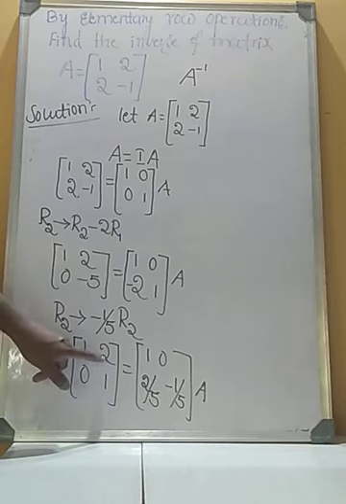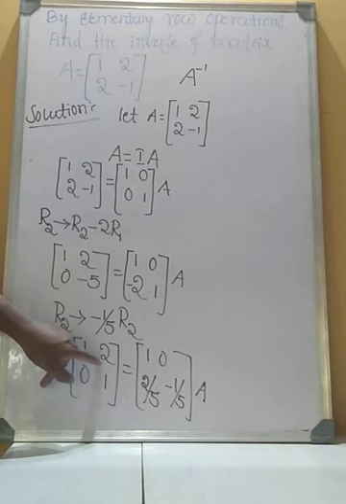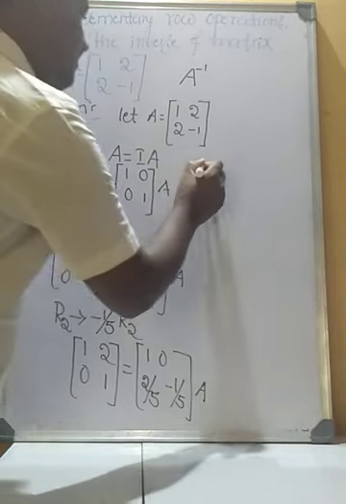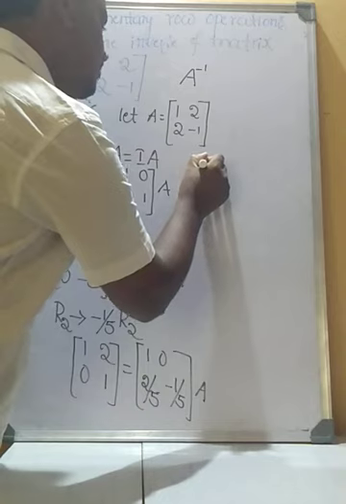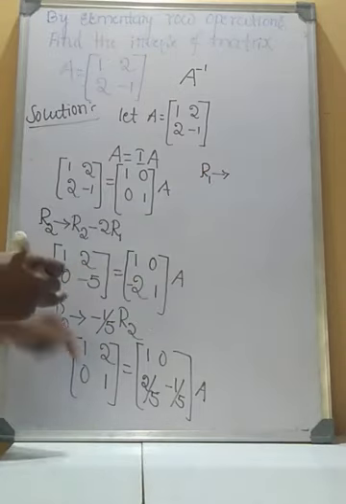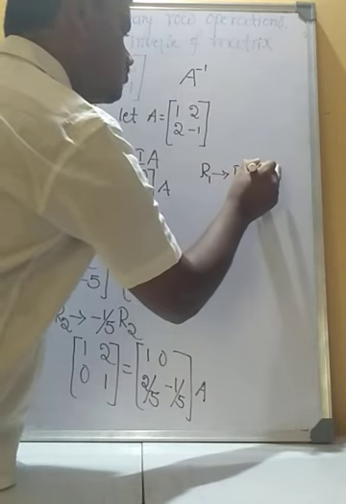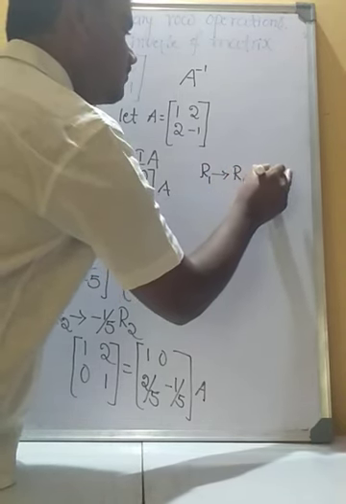The first row second element also has to be made 0. So applying the operation R1 becomes R1 minus 2R2.